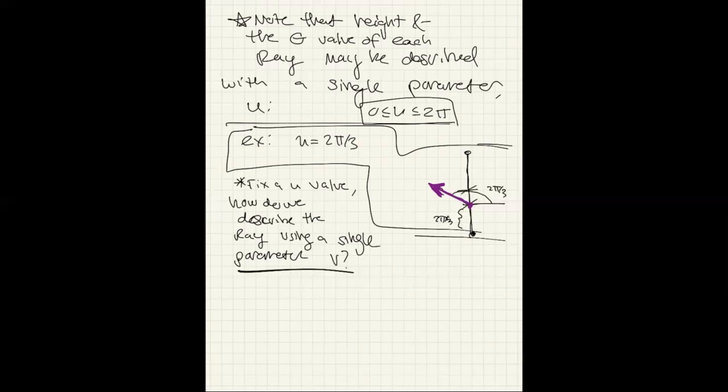I just want to remind you that in multivariable calculus class, we've done this a bunch of times. We know how to parameterize lines. To parameterize a line, a ray, or a line segment, what you need is a base point and a tangent vector.